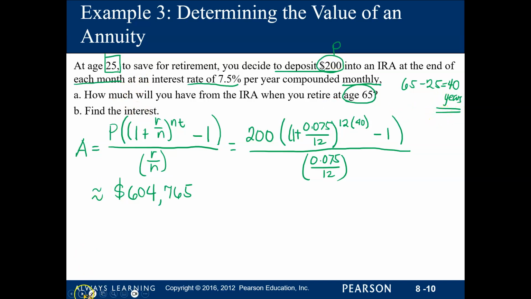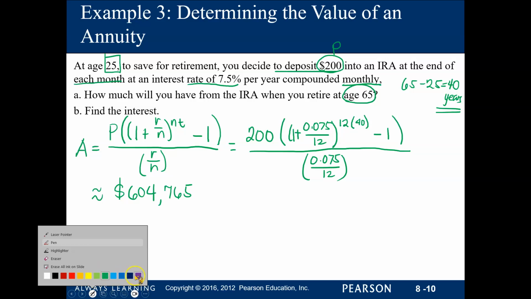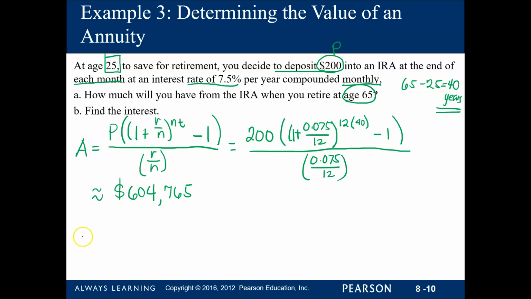Now, this is the interesting part, okay? Remember, the interest is the annuity minus total deposits, okay? So the annuity is $604,765 minus. You were depositing $200 every month. So how many times in a year? 12 times in a year.